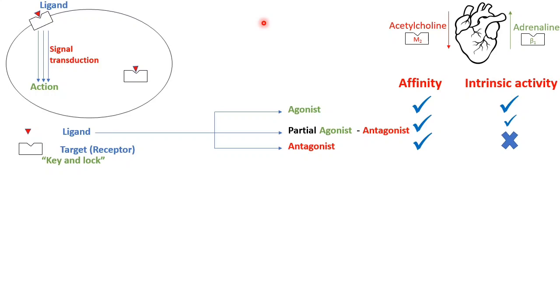So we can consider it also as partial antagonist because by binding to the receptor, it's right that it gives some action, but it doesn't allow the full agonist to bind to the receptor. So we can call it also partial antagonist.